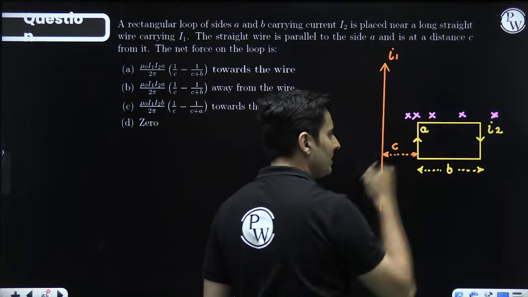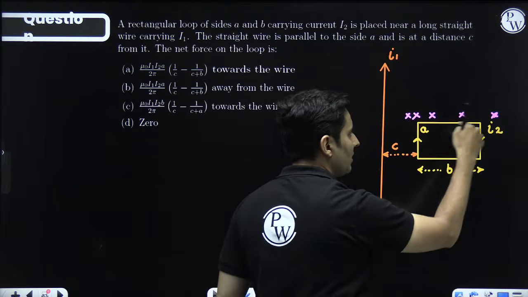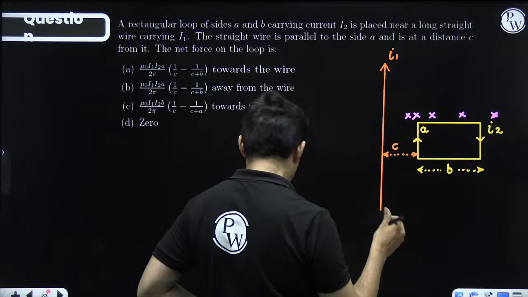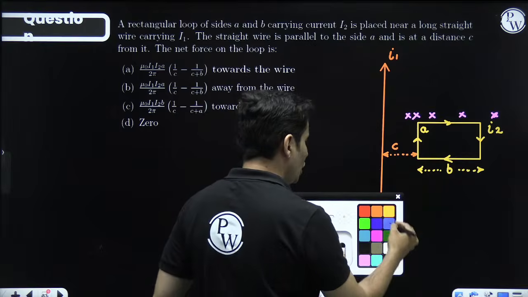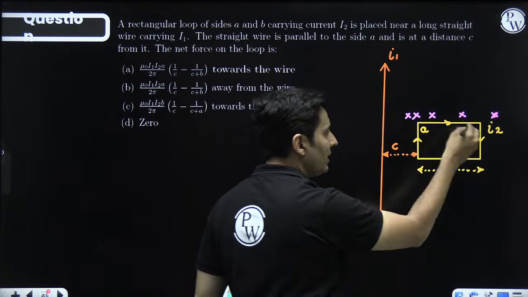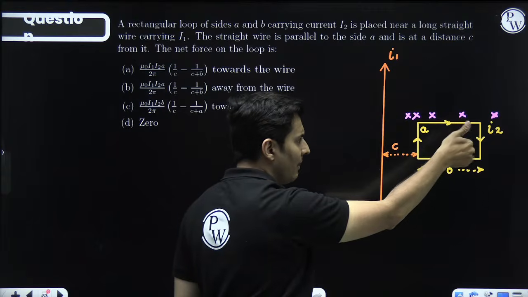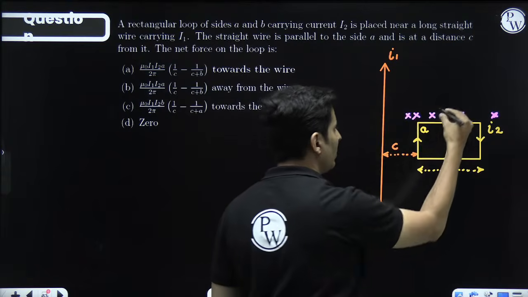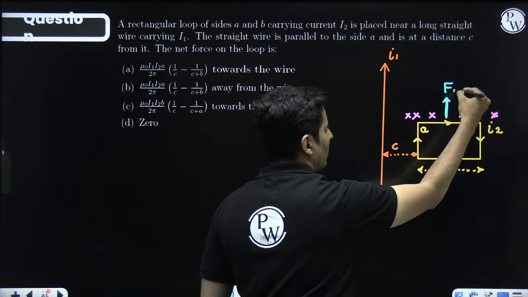If you consider this part of the wire, the current is going this way. So if you use the I L cross B formula, L is that way, the magnetic field is inside, and the force comes out to be this way. I'll call it F0.